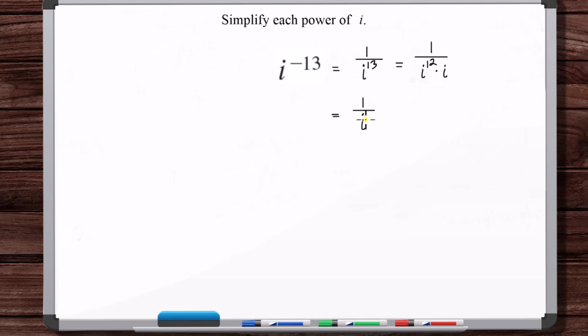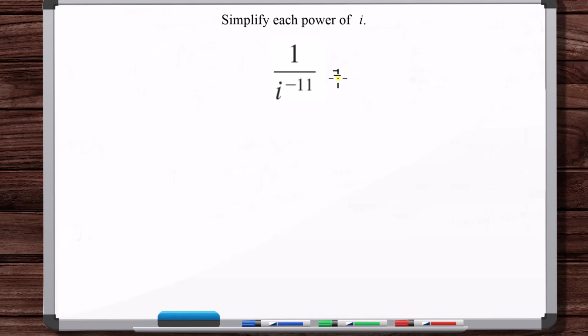We can continue to simplify this even further, which we should, because it's like dividing 2 complex numbers: 1 plus 0i divided by 0 plus 1i. It's kind of like rationalizing. Multiply to get i over i squared, which is i over -1, which is -i.